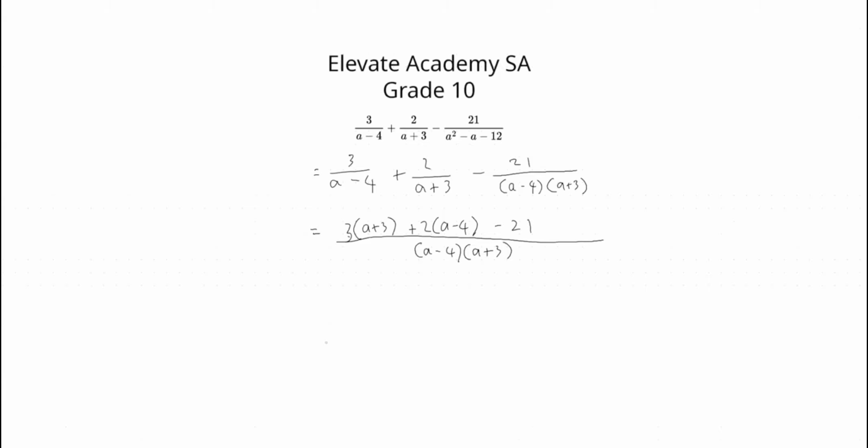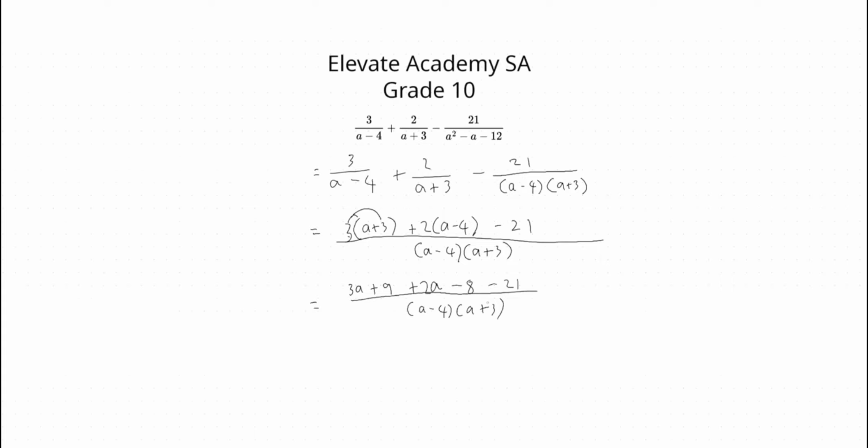And now we open this up using the distributive law, and we're going to get 3a plus 9. Here we're going to get plus 2a minus 8 and minus 21 over our common denominator of a minus 4, a plus 3.